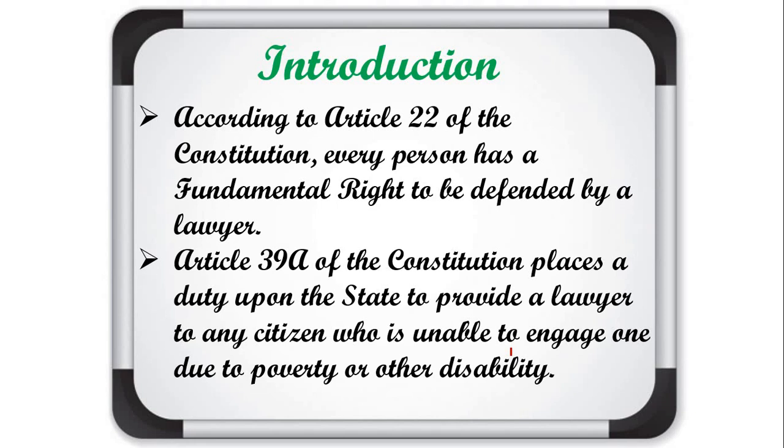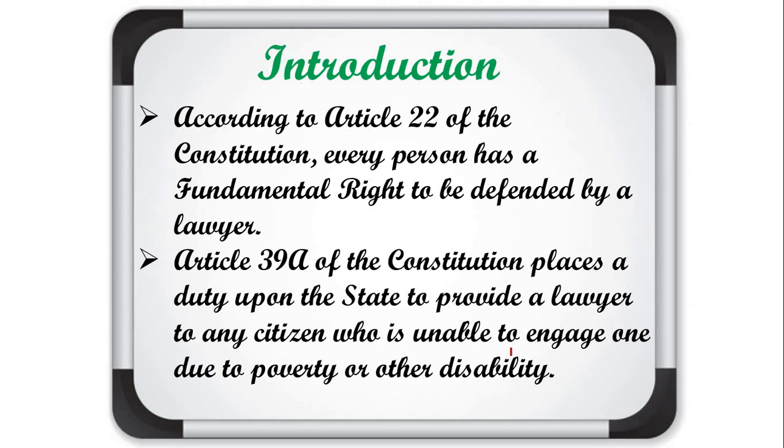But if any person is unable to hire a lawyer, he or she can't afford a lawyer for his or her defense, in that situation it is the duty of the state government to provide a lawyer to him or her for his or her defense. It is stated in Article 39A.